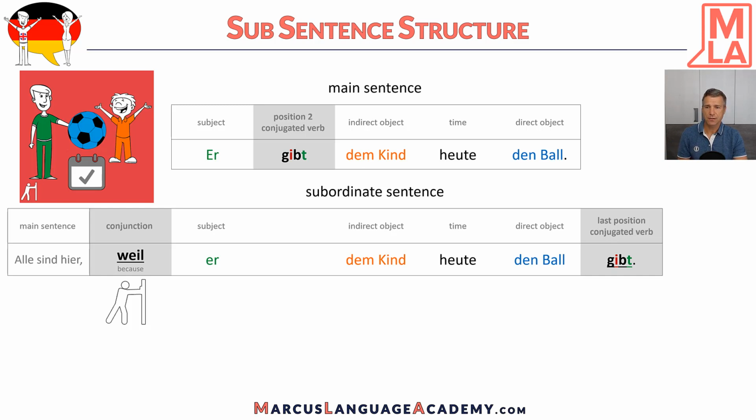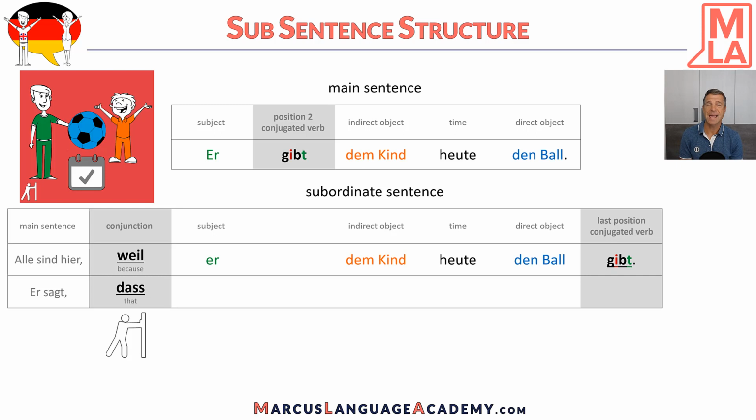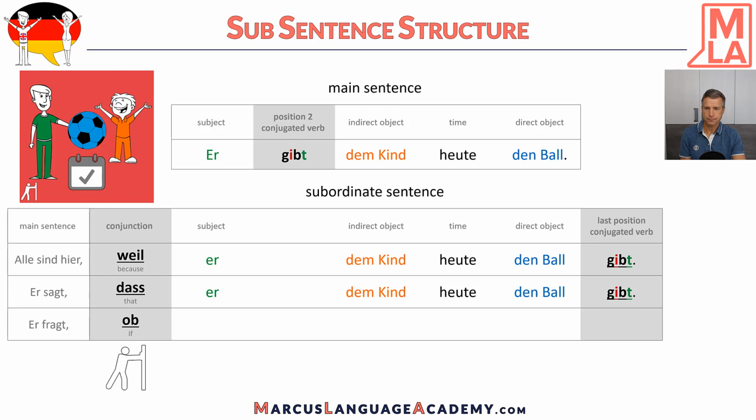And there are other conjunctions. For example, sagt, he says, dass, that. Here it would be the same thing: Er sagt, dass er dem Kind heute den Ball gibt. Dass is also a pusher, like weil. Another pusher: fragt, he asks, ob, if. Ob er dem Kind heute den Ball gibt.